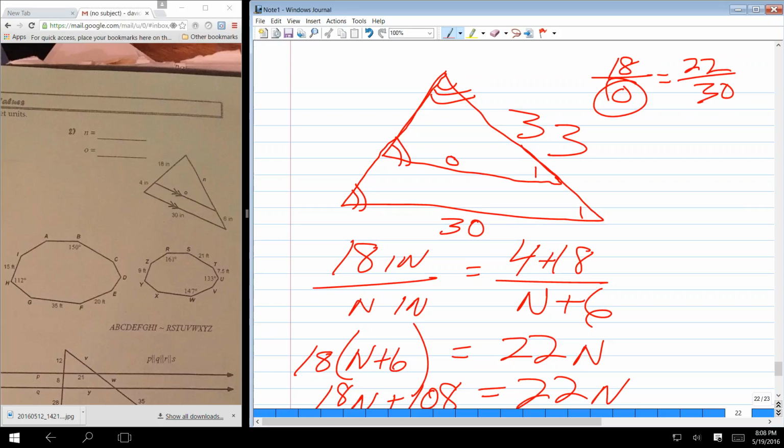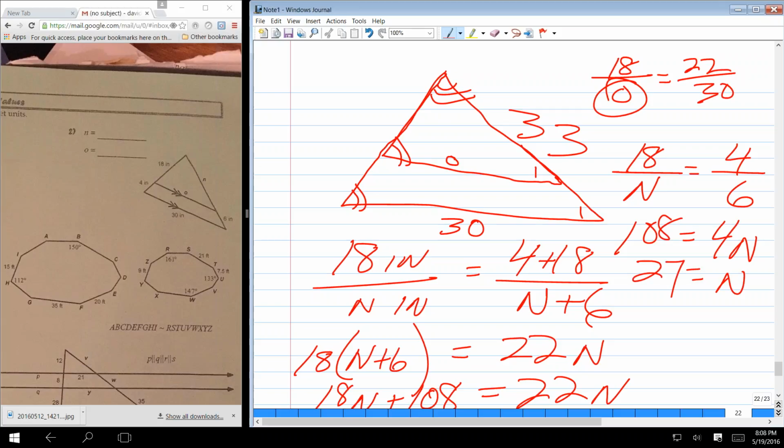But let's see what happens if we did it the way you suggested. I don't think it's going to give us the correct answer. If I said 18 is to n as 4 is to 6, no, it does give us the correct answer. 108. I still get n equals 27. Okay, so it is legitimate to do what you suggested.